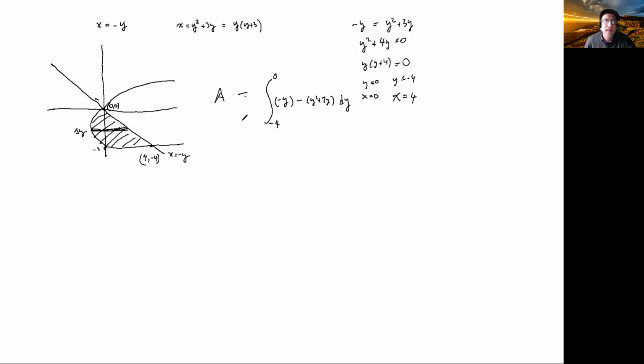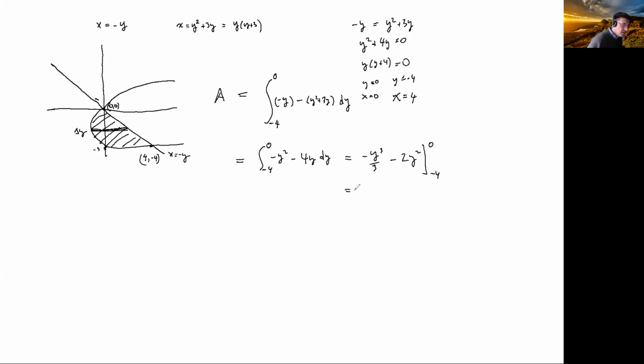I'll call it A. This becomes the integral from minus 4 to 0 of negative y squared minus 4y dy, which is negative y cubed over 3, that's the antiderivative, minus 2y squared, from minus 4 to 0.